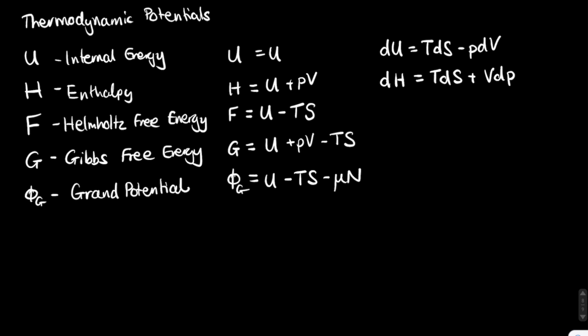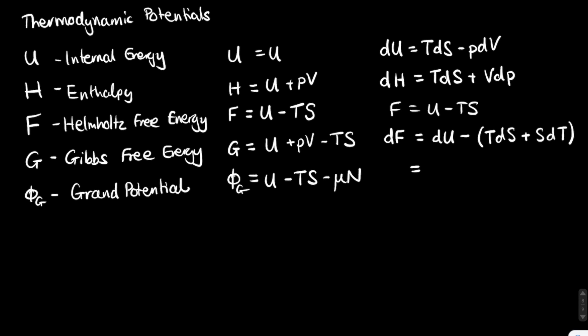So what are we going to get when we take the differential of the Helmholtz free energy? Well, F equals U minus TS. So let's do exactly what we did before. dF equals dU minus, so we're going to take the full differential of TS, so we use the product rule again. So we're going to get T dS plus S dT. But what's dU got in it? Well, dU has a TdS already in it.